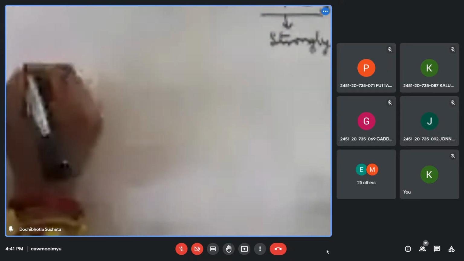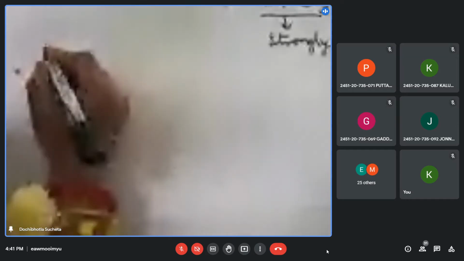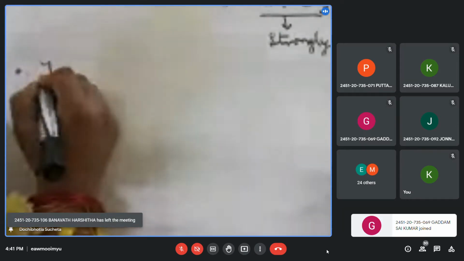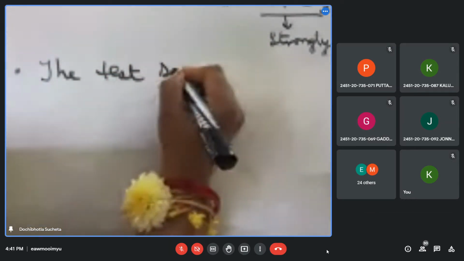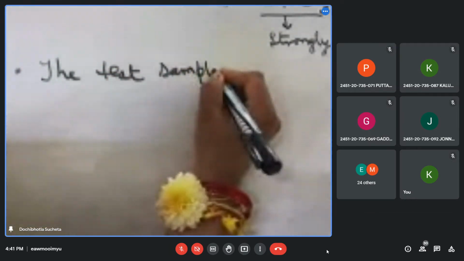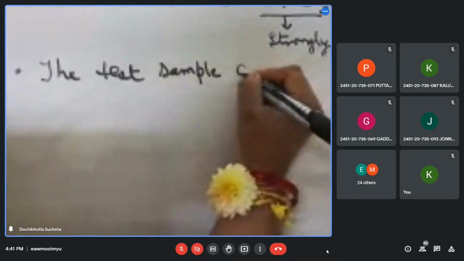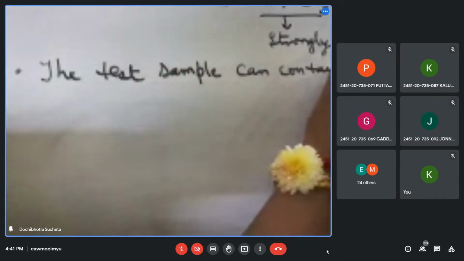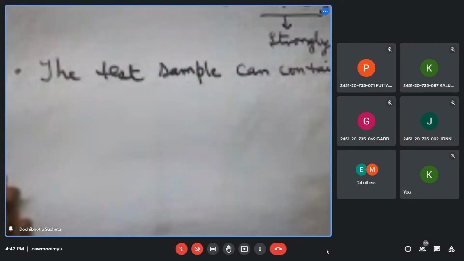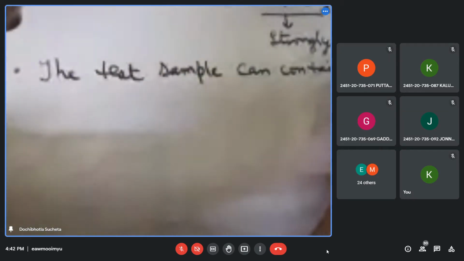The next point which I have to check is: the test sample can contain how many types of ions?